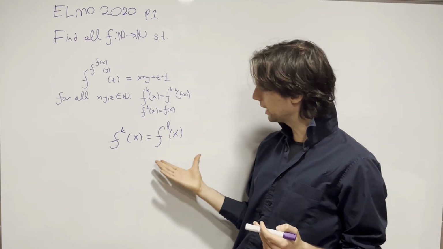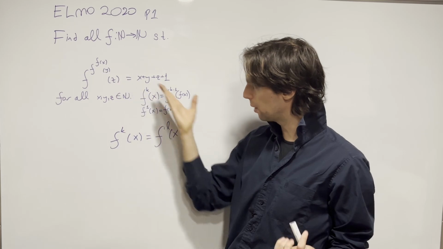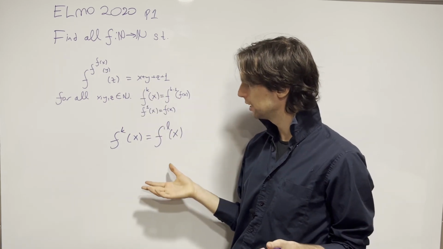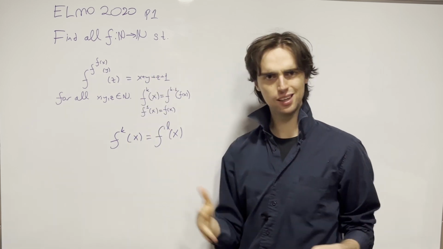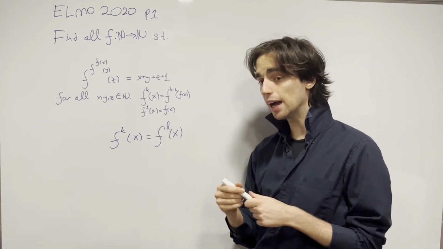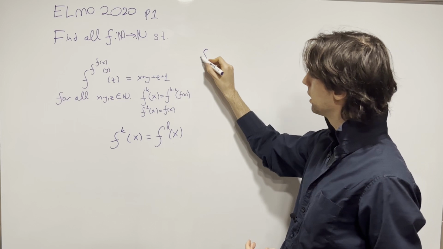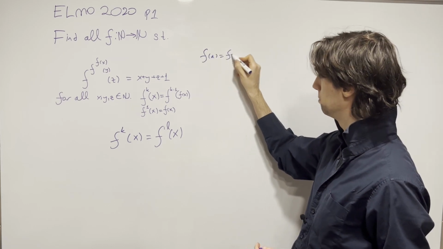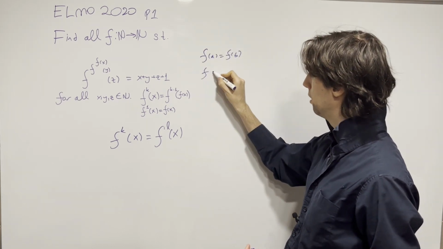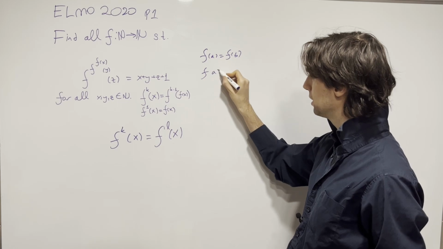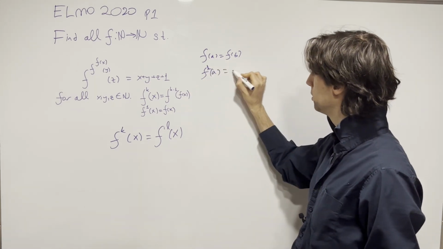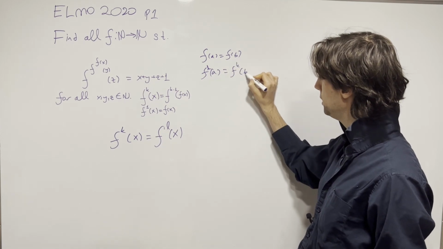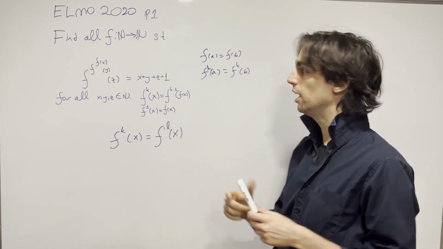But it seems like in this specific problem, the way it's set up, it would be pretty nice to look for some injections, right? Because I can just switch things around and I'll have an injection. In fact, if f of a is equal to f of b, then f applied any k times to f of a is going to be f of b with f applied k times.